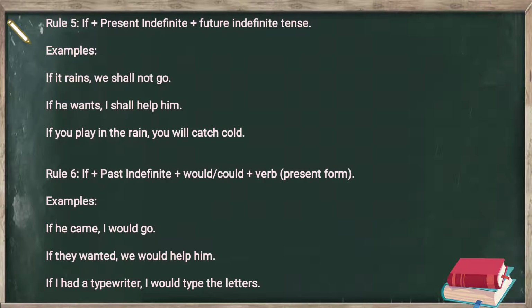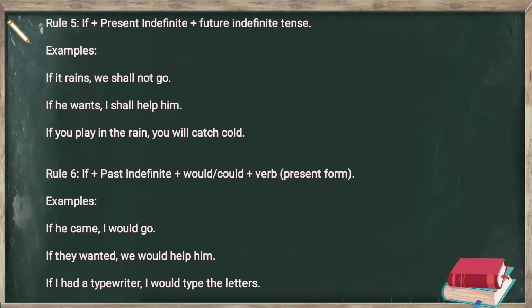Subject plus only will. Shall or will plus V1 plus object. So this is the difference between past indefinite or present indefinite and future indefinite. You can easily trace future indefinite tense by seeing shall or will.